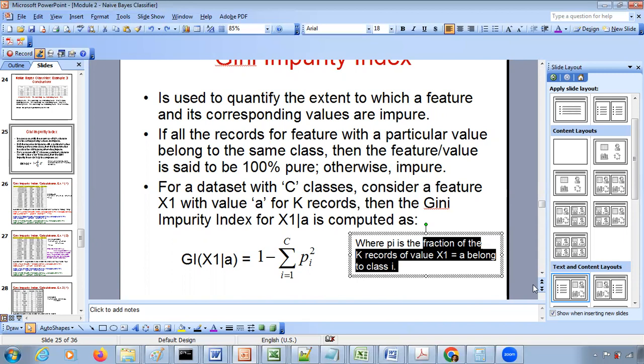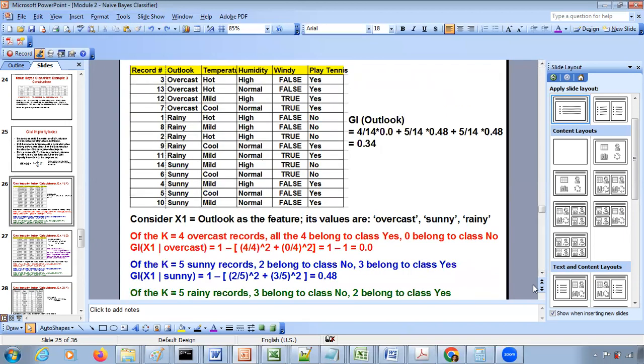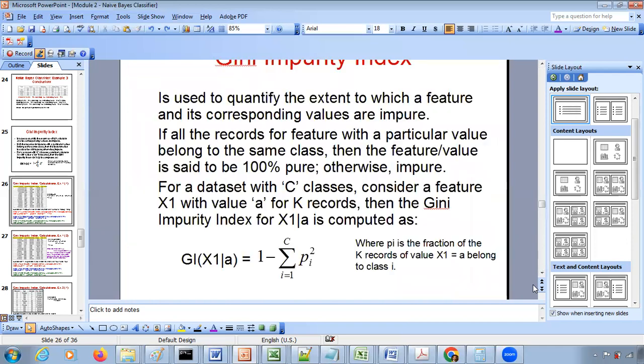So like Outlook equals sunny, 2 over 5 fraction belong to class no, and 3 over 5 fraction belong to class yes. So we square all those fractions, sum them up, and do a 1 minus. So that would get us the extent of impurity in the data set for this particular feature value pair.